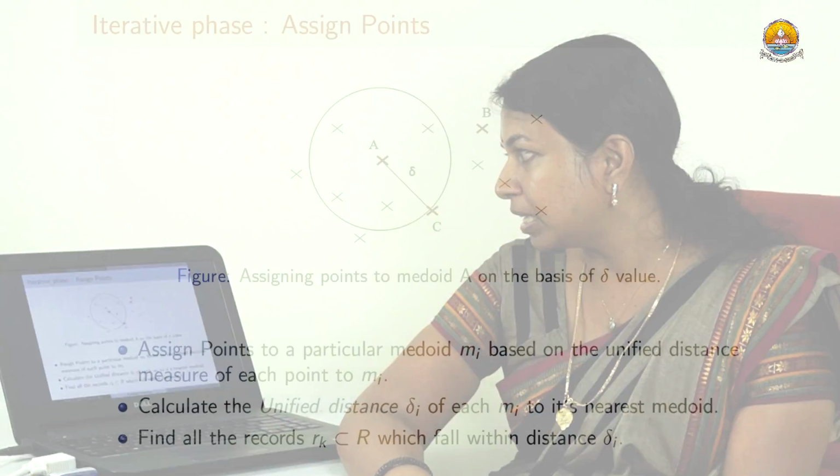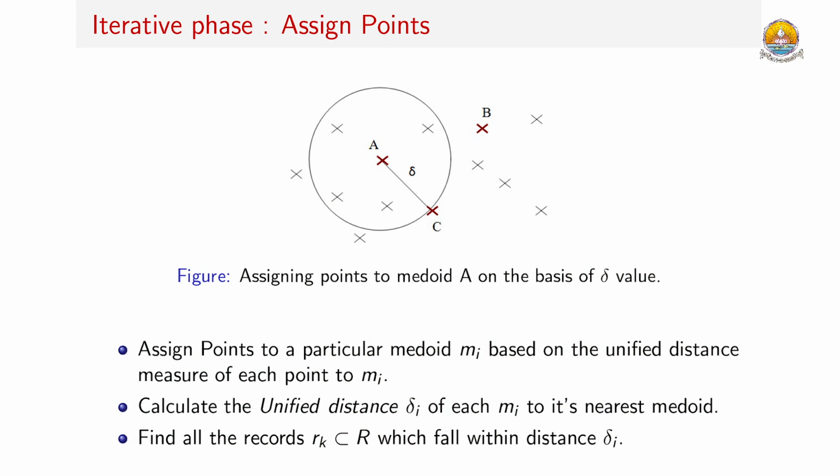Now let me focus on the iterative phase, because this is the phase wherein the points are really assigned to the clusters. As I told you before, Medoids are the representatives of the clusters. In this diagram, A, B and C are the Medoids. We find the distance between A and B and between A and C, and find the shortest distance, which I call delta.